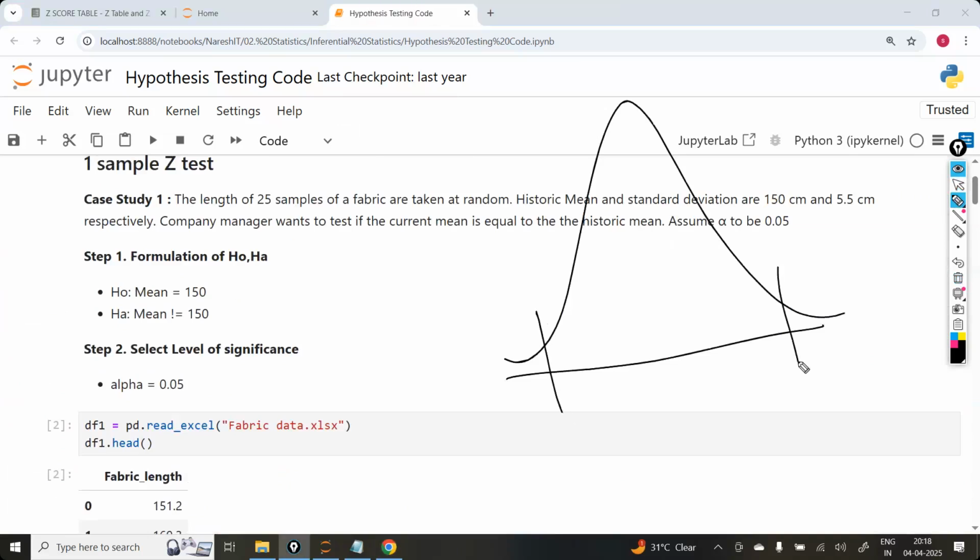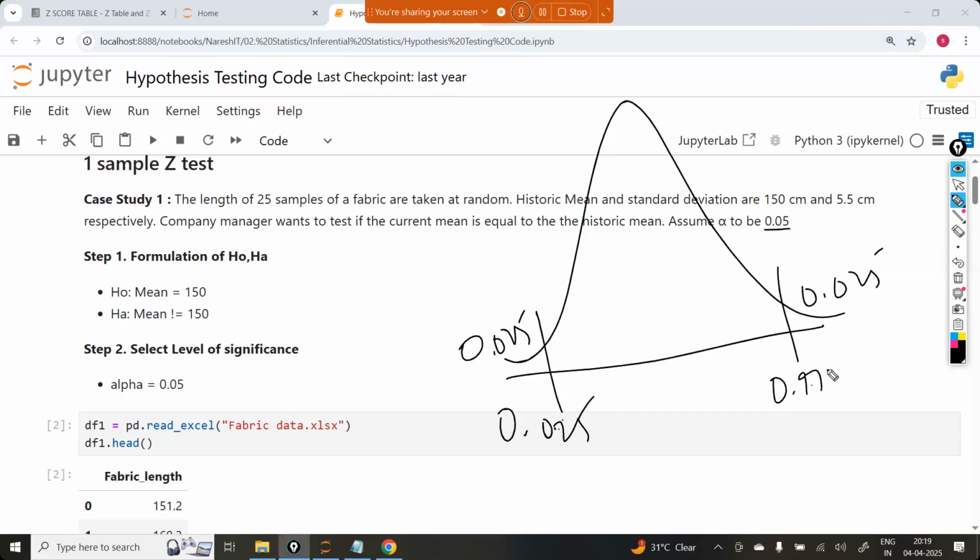Right side how much? 0.05 total. So, in that half, what is half of that? 0.025, 0.025. And this is 0 to 0.025. This is 0.025 to 0.975 and 0.975 to 1.